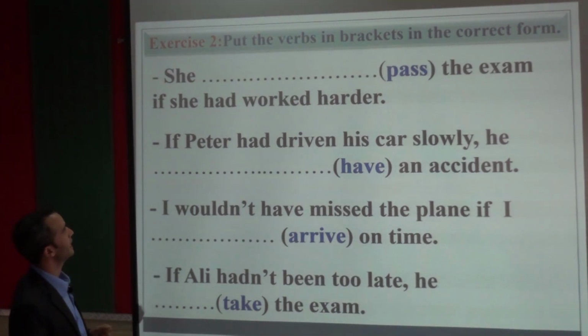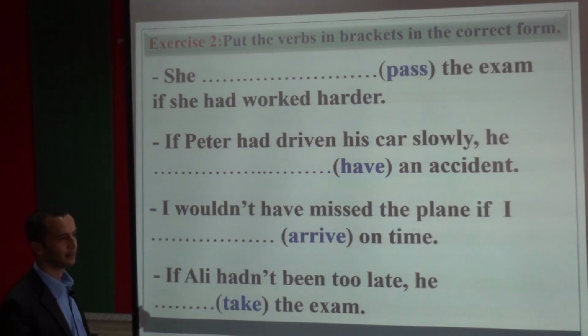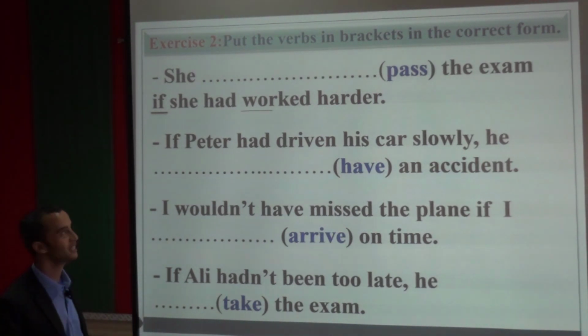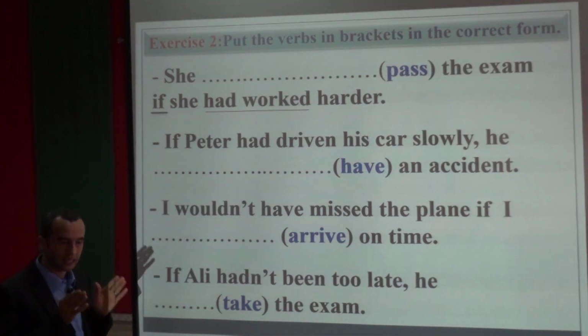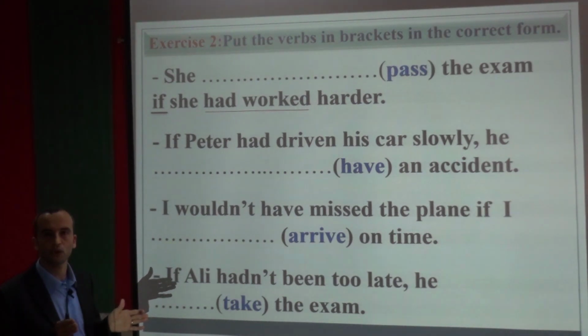She passed the exam if she had worked harder. Now I have to find keywords. What are the main keywords that we have here? We have if, good. And also we have the tense, which is had worked. So now at the day of the exam, you have to have this form in your mind.